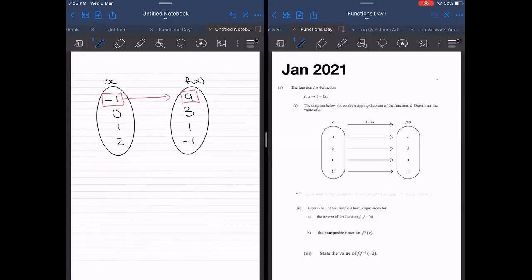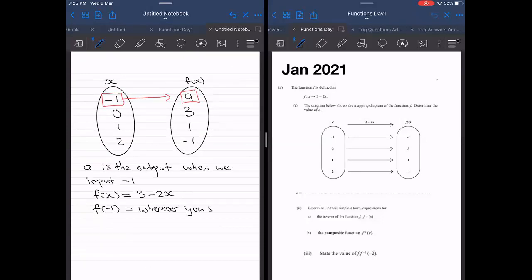Okay, so essentially what this question is asking you, so I'm saying that A is the output when we input -1. All right, so since the general thing is f of x is equal to 3 minus 2x, f of -1 means wherever you see x, you need to put -1.